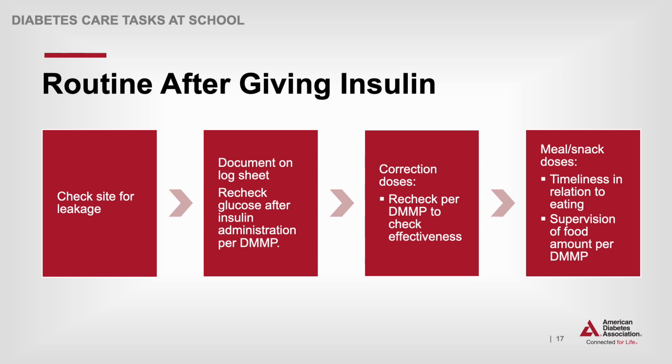Ideally, mealtime insulin should be given prior to eating the meal or snack. When insulin has been given prior to eating, it is important that the food is eaten soon, beginning within 15 minutes after the insulin has been taken.